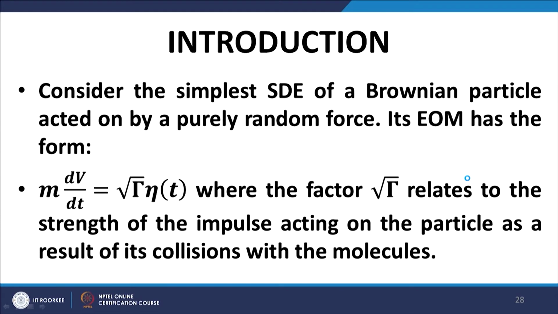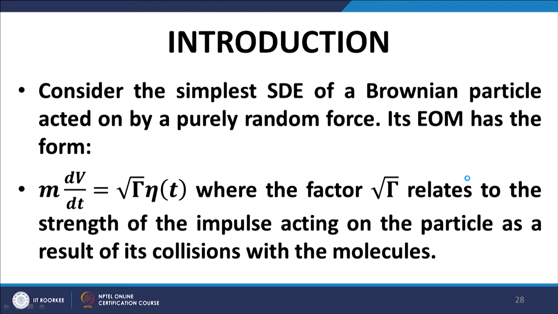We do not know anything about it, and we model it simply as a magnified or a scaled white noise, where root gamma is the scaling factor. So, we can write the dynamical equation as the force equation: mass into acceleration is equal to the applied force, which is given by eta root gamma eta t.